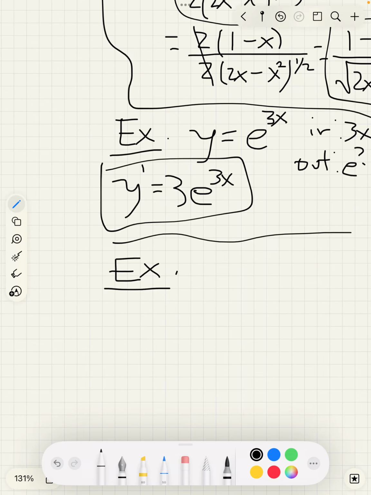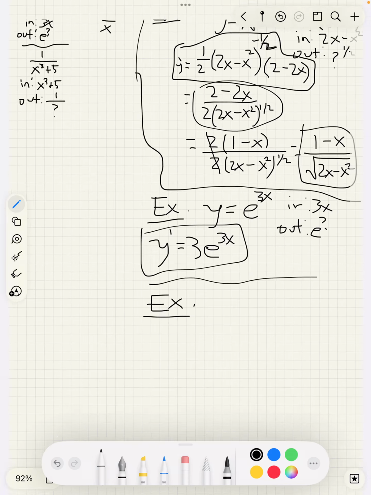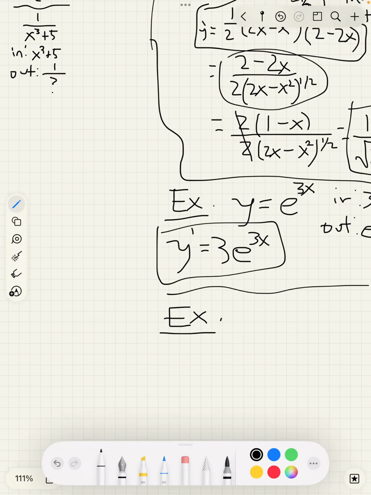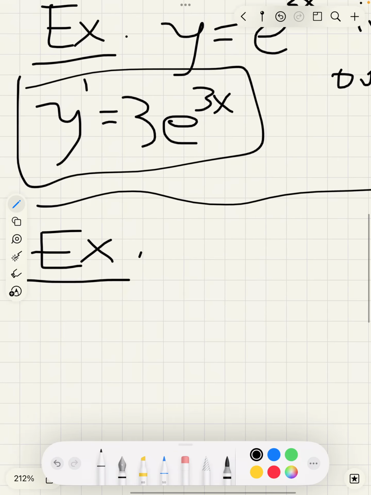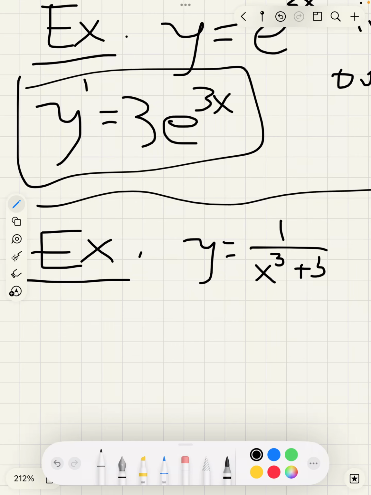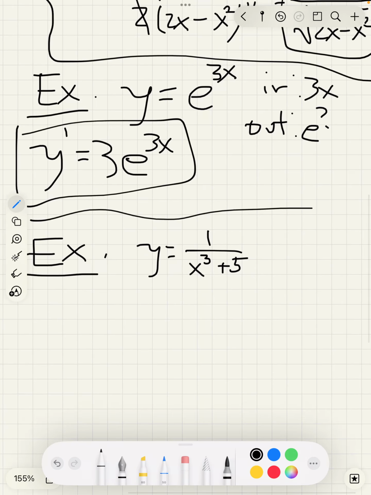And let's do that other one we had there, 1 over x cubed plus 5. Okay. So as I mentioned before, the inside for this one is x cubed plus 5. The outside for this one is 1 over stuff.